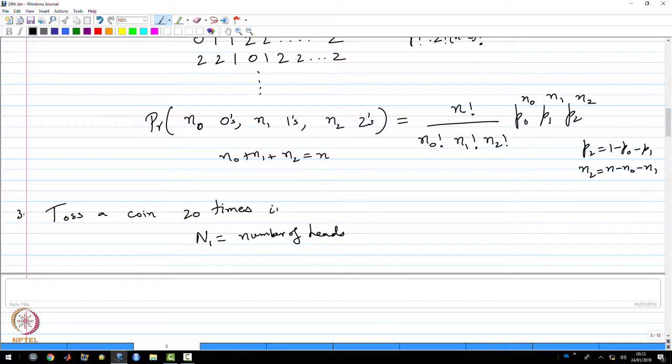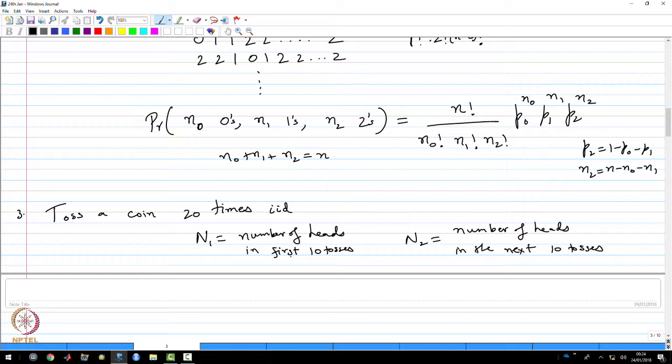Remember this is also going to be IID, we'll make that assumption. And I'll say n2 is the number of heads in the next 10 tosses.